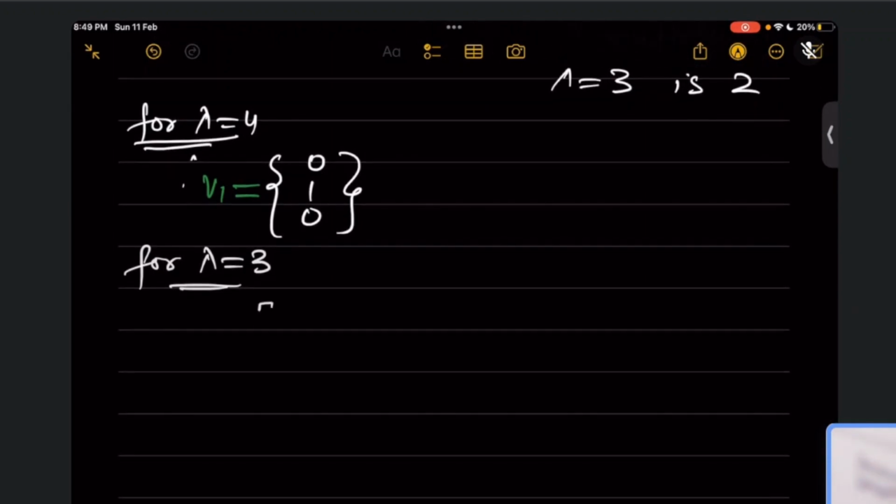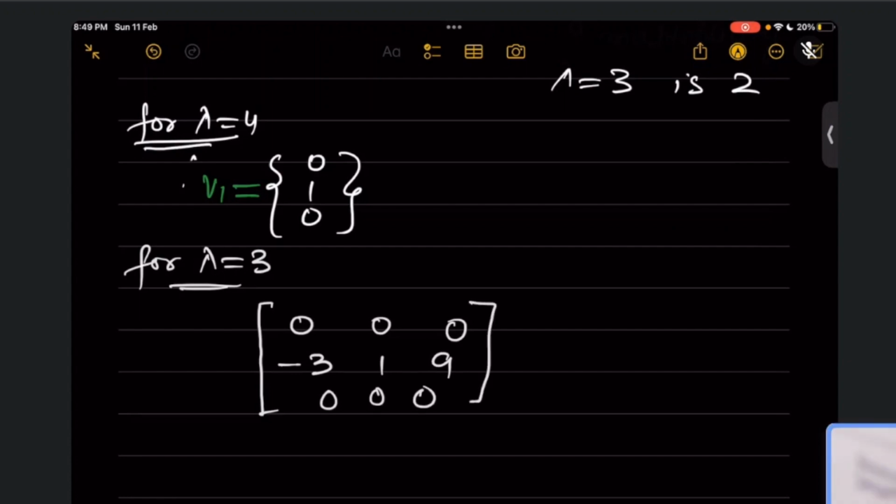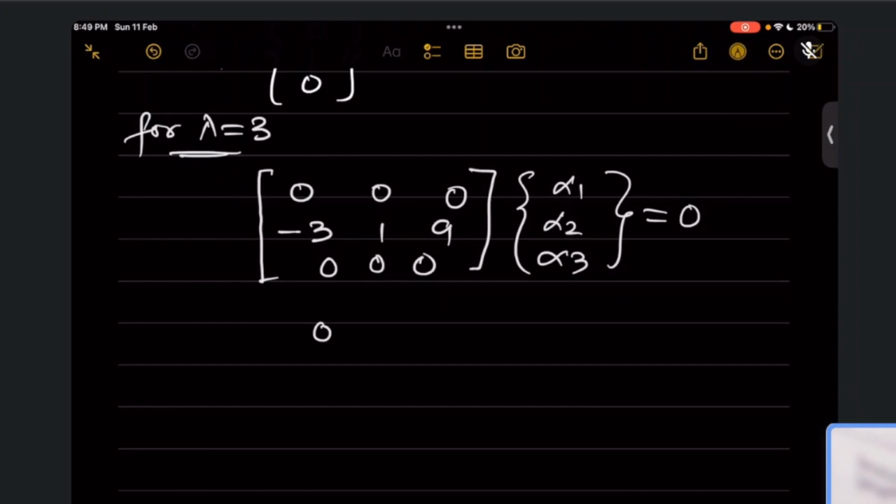When finding for lambda equal to 3, our matrix is 0, 0, 0, minus 3, 1, 9, 0, 0, 0. So all of you reached till there, right? Then alpha 1, alpha 2, alpha 3 equal to 0. From the first row, 0 times alpha 1 plus 0 times alpha 2 plus 0 times alpha 3 is equal to 0. Again, from the third row, you infer the same.